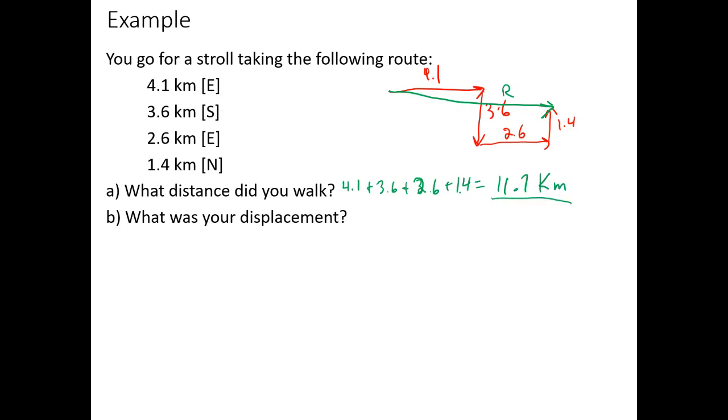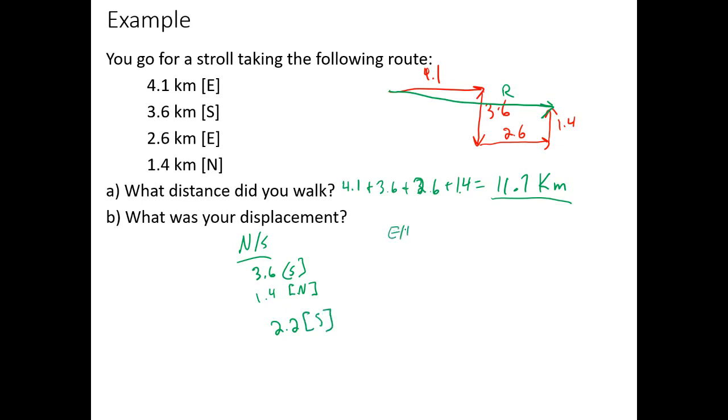Then for displacement, we'll look at vectors in the north-south direction. We have 3.6 south and 1.4 north. So in the north-south direction, we're going to end up 2.2 kilometers south of where we started.